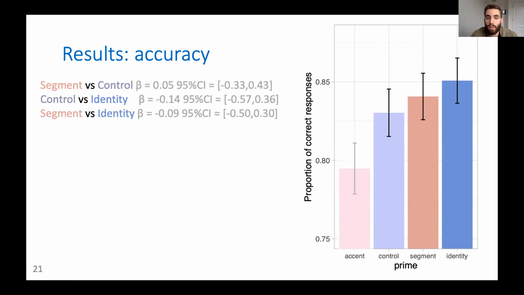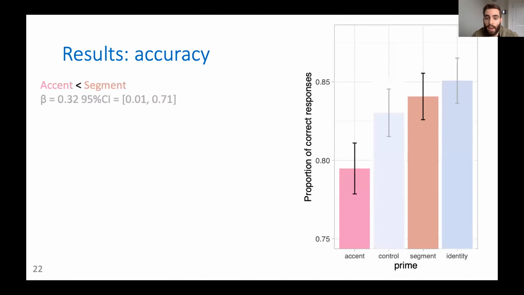So in our analysis, we find that looking at the 3 rightmost bars, that is ignoring accent for a moment, there's no credible difference between pairwise comparisons of these 3 prime types, though we see, as reflected in the model estimates, some difference, but nothing that approaches what we would consider any strength of evidence for a difference across these 3 types.